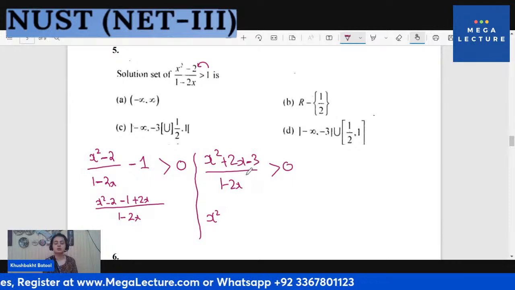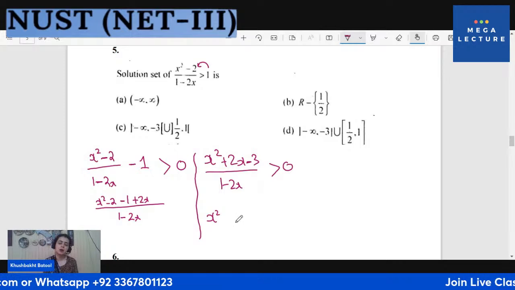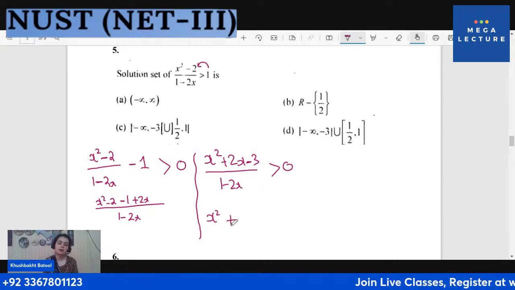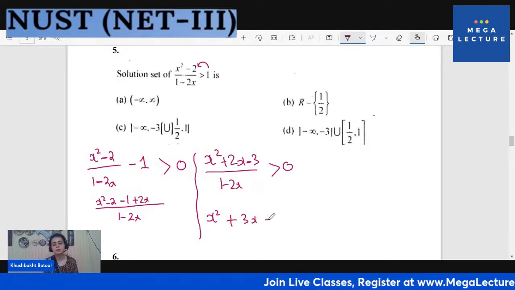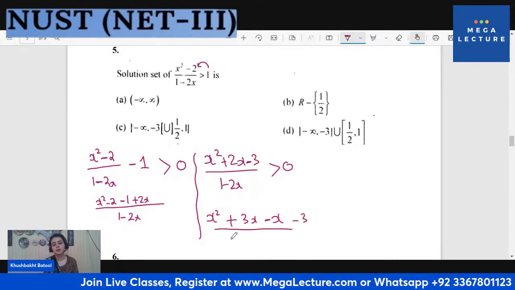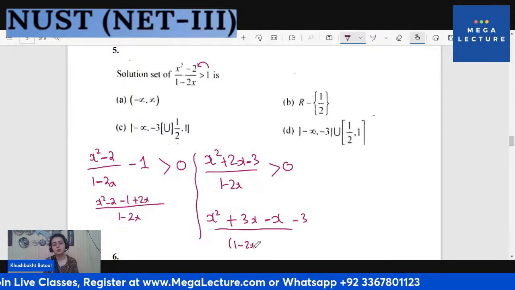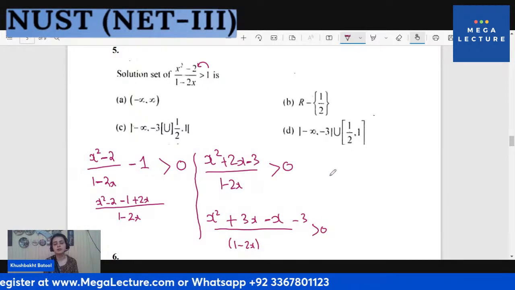Now I need to solve this quadratic equation by middle term breaking. So I can write it as x squared plus 3x minus x minus 3 divided by 1 minus 2x greater than 0.